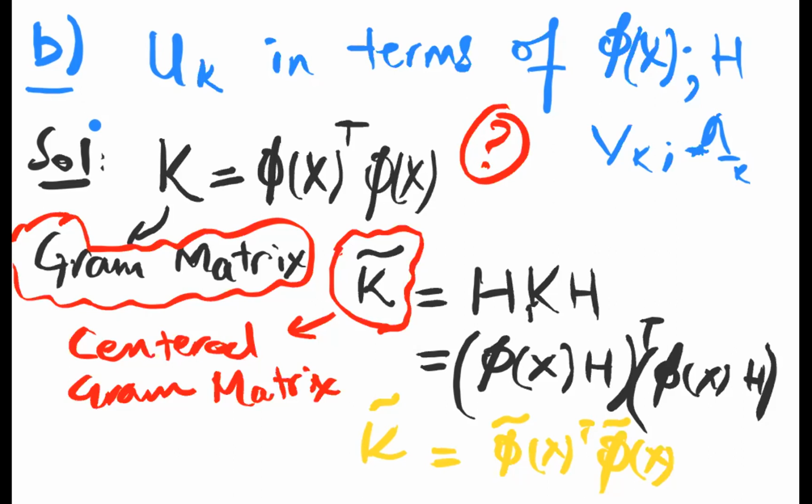Let's also define, just for notational sake, that K tilde is equal to V sigma V transpose, which is the eigenvalue decomposition. We already know that. Then I'm just writing so that you all are on the same page.